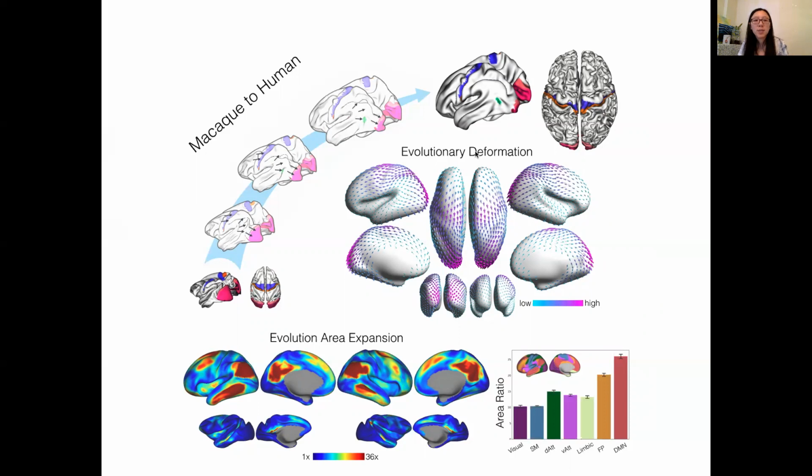The expansion of the frontal lobe in human has also pushed the parietal backwards in general. Such surface expansion also follows the hierarchy between networks.